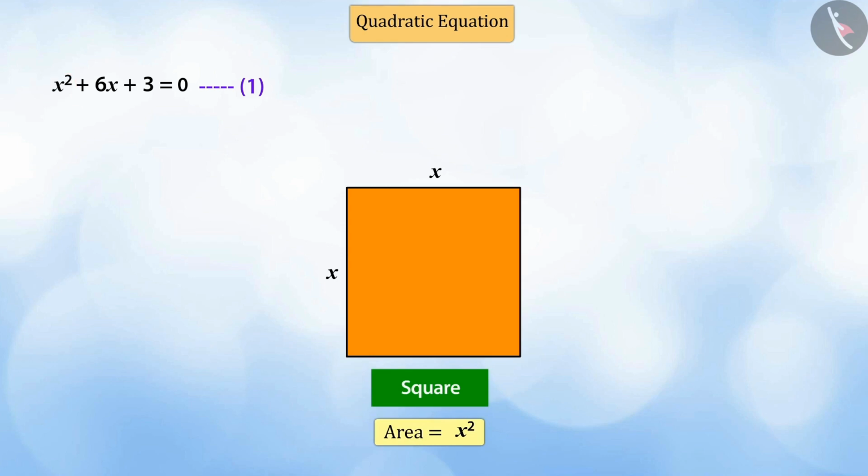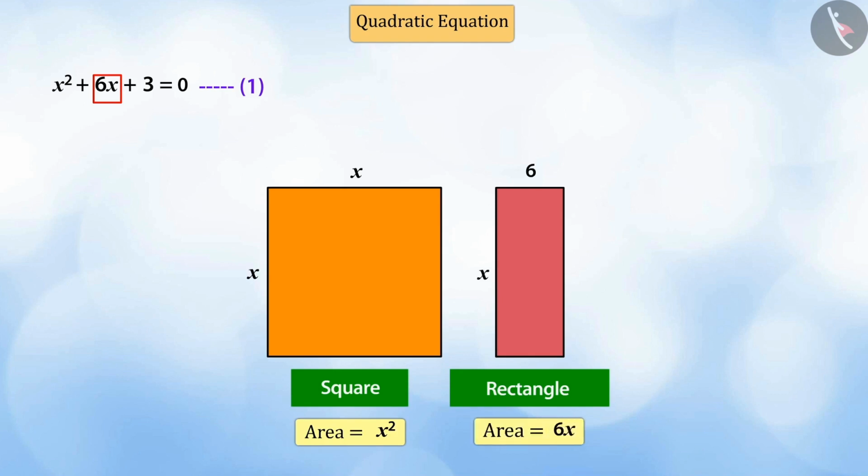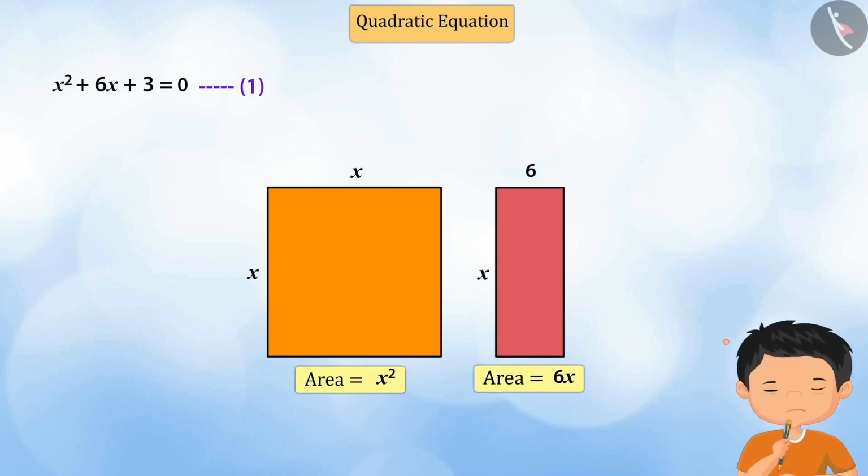Similarly, looking at the second term of the equation, suppose it is a rectangle, which has one side 6 and the other side x, whose area is 6x. Can you combine these two shapes to form a new shape?